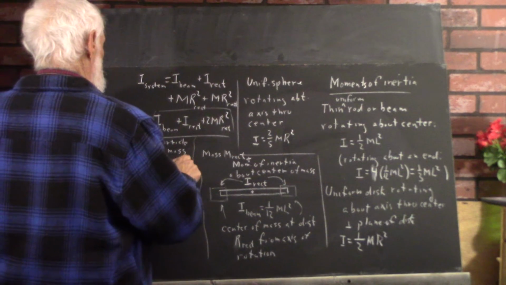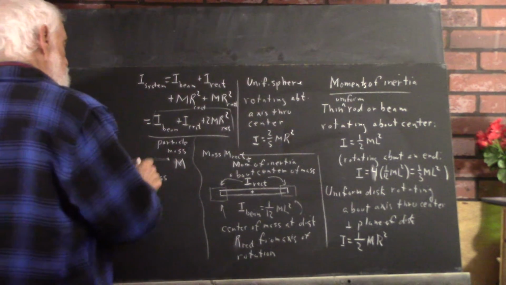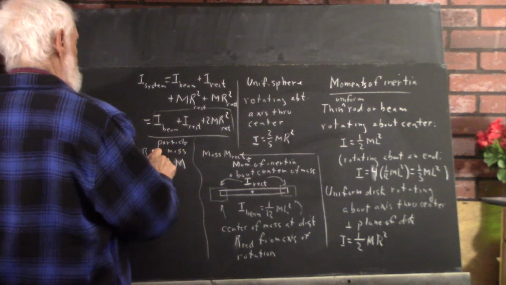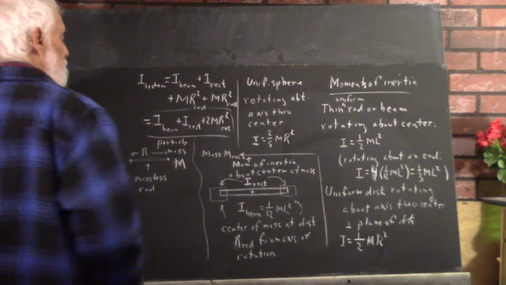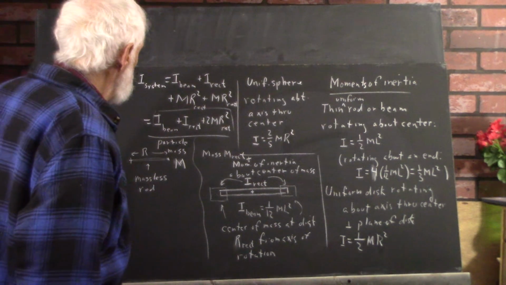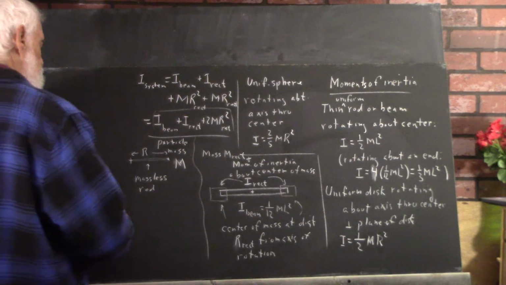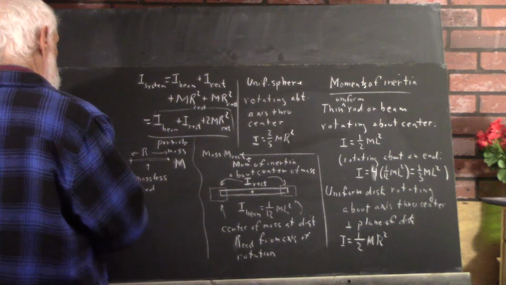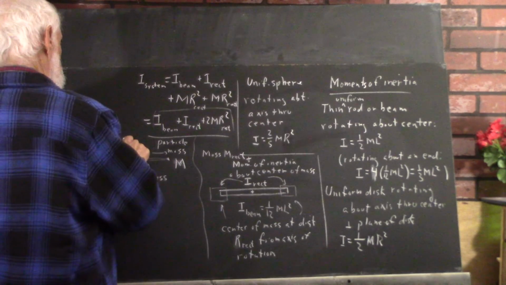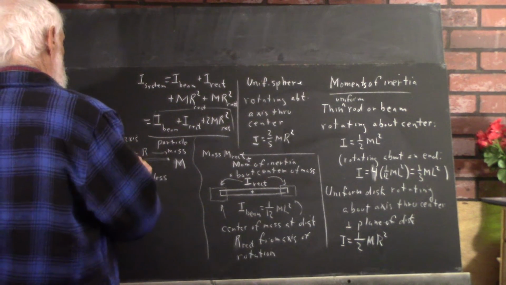We'll make that mass a capital M. And this distance here is R. Axis being here.